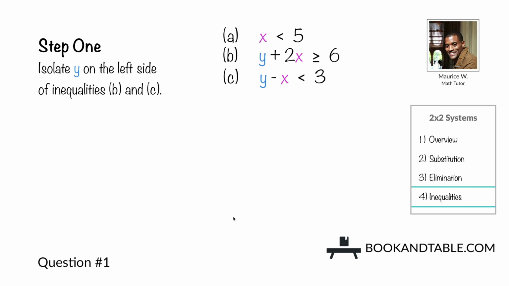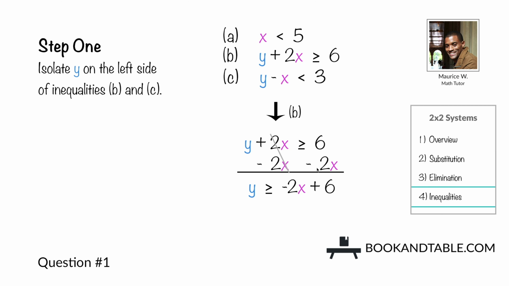Question number 1, step 1, isolate y on the left side of inequalities B and C. So for B, we have y plus 2x is greater than or equal to 6. And we'll subtract 2x from both sides, giving us y is greater than or equal to negative 2x plus 6.